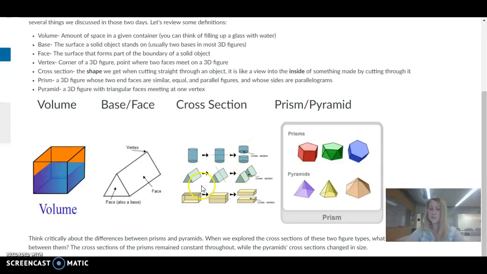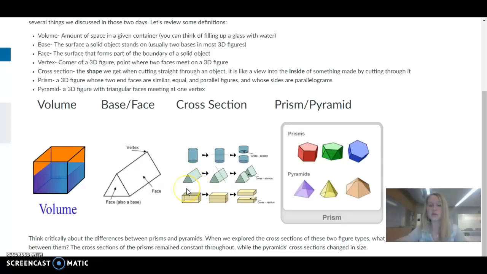Now if we were to take a peek at this triangular prism right here, if we cut this way, like they do right here, we're going to get a triangular cross section here. So that is one way to look at this. Let's say we were trying to cut halfway through the triangle. So let's say we wanted to cut this way instead of this way. What kind of shape do you think we'd get?